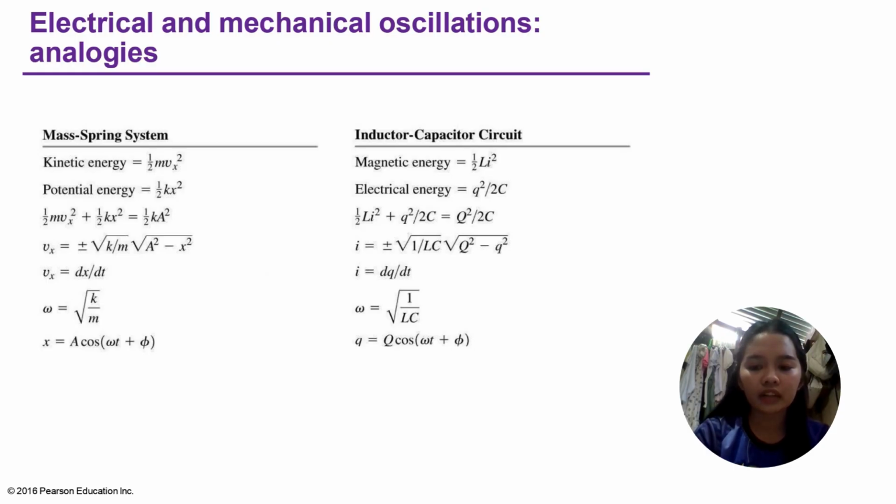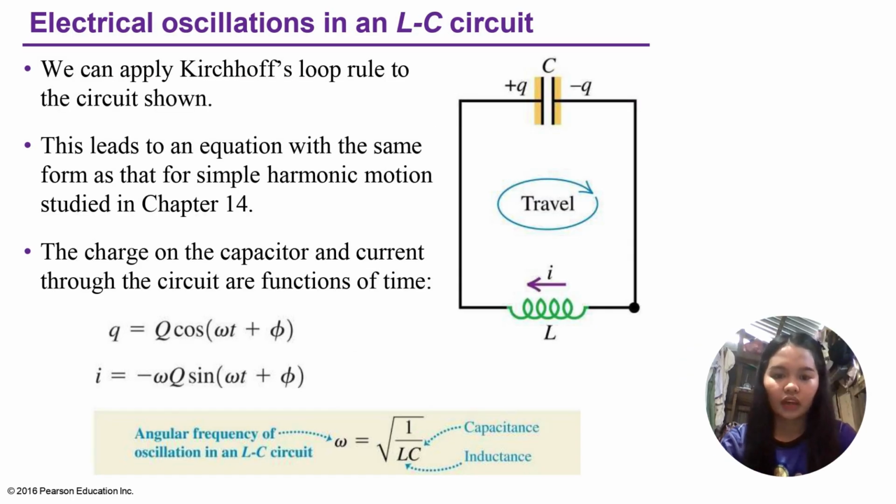So by drawing upon our intuition about mechanical systems, the angular frequency of oscillations, whether mechanical or electrical, is determined by the square root of the ratio of the stiffness, K or 1 over C, to the inertia, m or L.